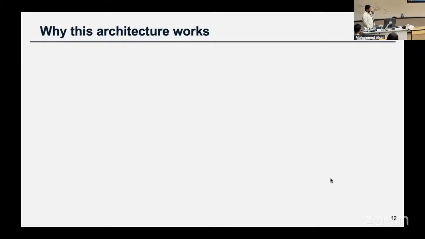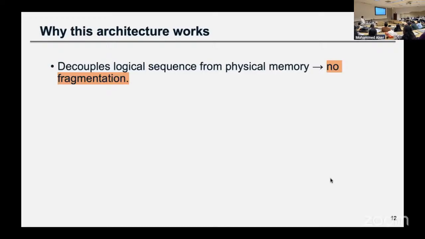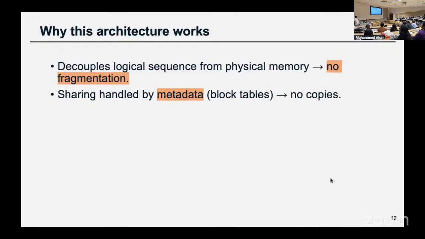So why does this architecture work? The key reason this design works is because it separates the logical token order from physical memory placement. Next, here you can see a block table keeps track of where each page of memory belongs.